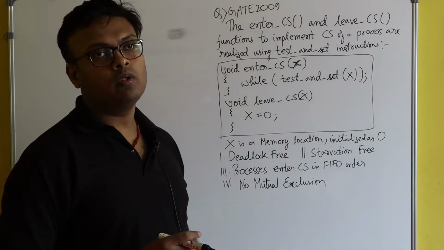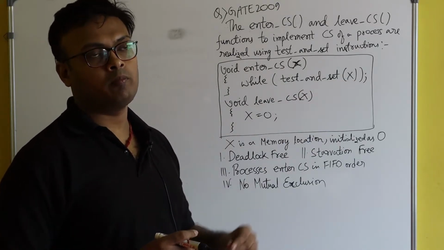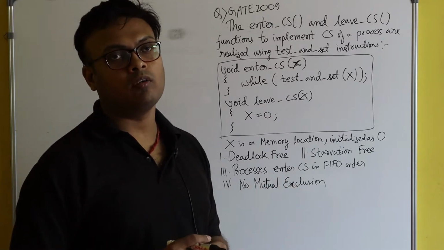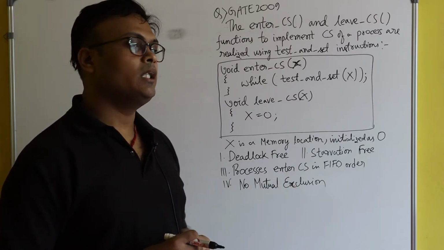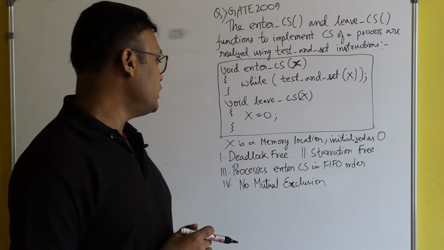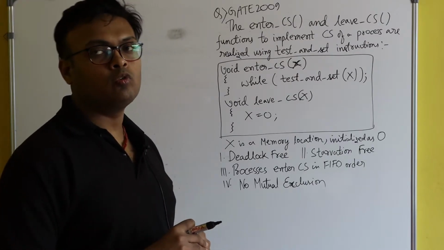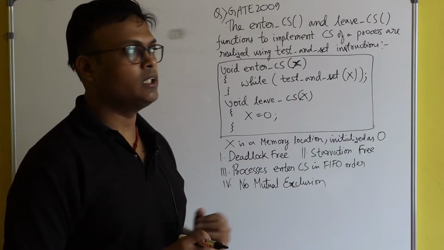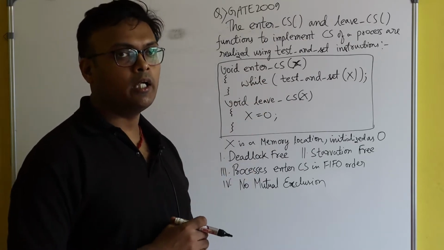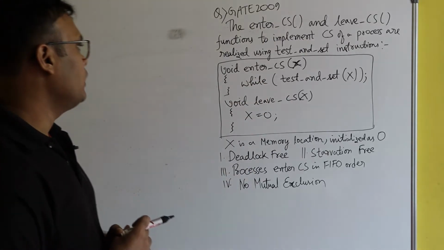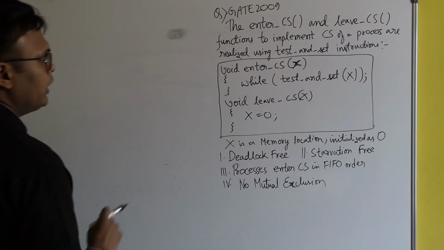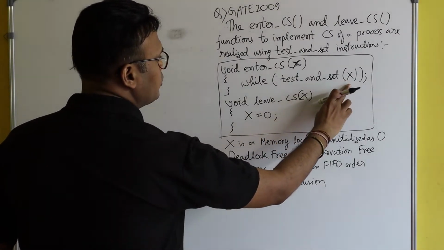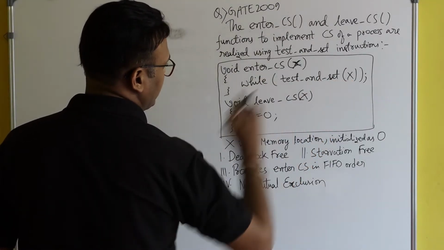They used to send the parameter as the address of the lock variable. I think before watching this video, you should watch my video on test and set instruction, then it will be more clear to you. Now here, in place of lock, they have used X.